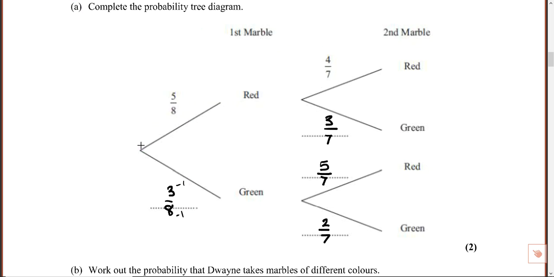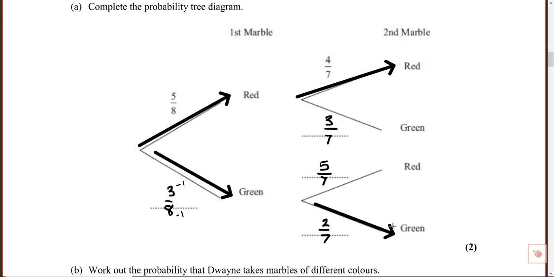If I took a red first time round, then the red one is the one that gets affected. If I took a green, then the green one is the one that gets affected. So obviously the denominator changes, but the numerator is the one that gets affected depending on where we've gone. Alright? So this is dependent probabilities.